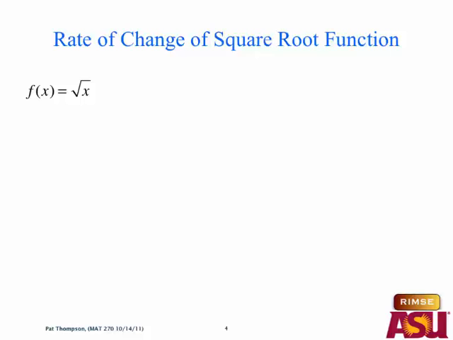Square root of x. Write the first step. Go. First step to find the rate of change of the square root function. It always starts with our rate of change function, right?